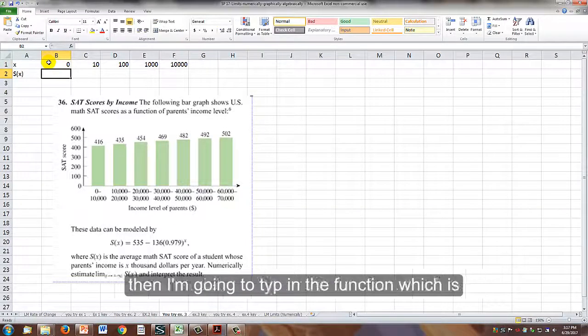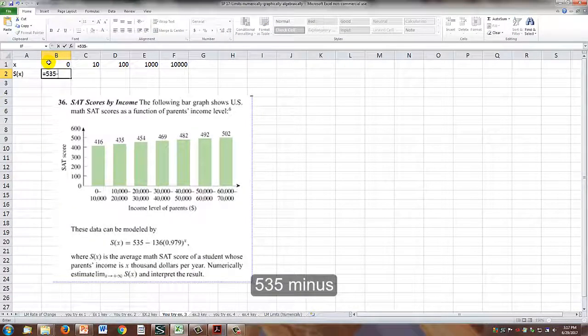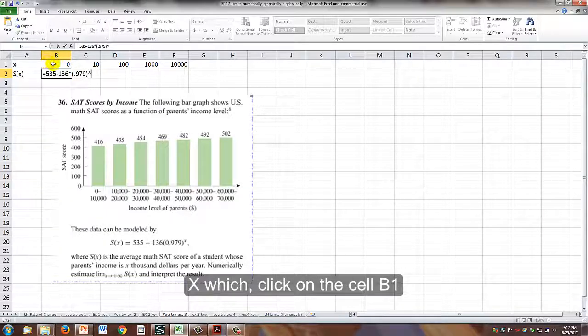So then I'm going to type in the function, which is 535 minus 136 times 0.979 caret x, which I'm going to click on the cell B1.